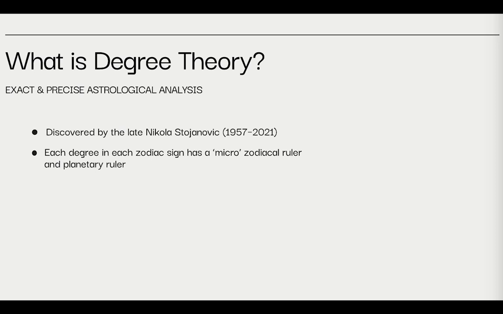As far as I know, Nikola didn't add the planetary rulership into it. He was just applying the zodiacal rulership to each degree within the zodiac sign. But that's the theory in general, and I thought that idea was pretty genius.